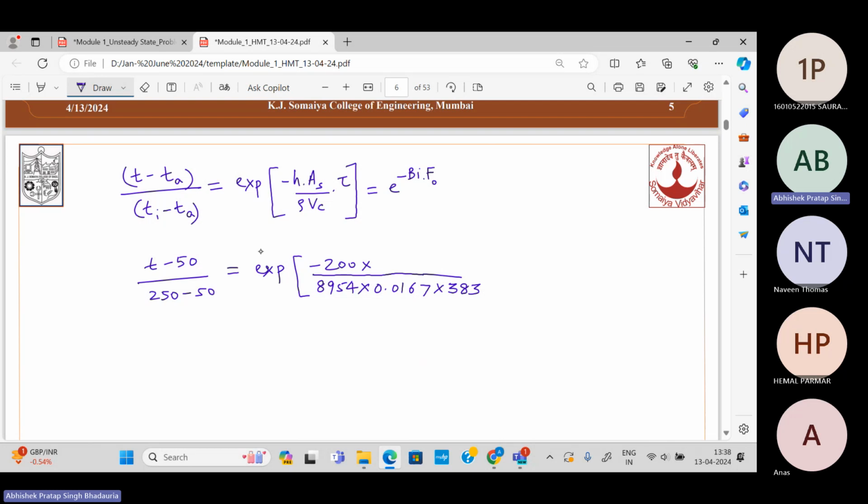Now what else? We have put the value of h, rho, V by As, c. Now the only thing is we have to put the value of time. Time is 5 minutes, that is 300 seconds. This is the equation. So we have one equation and one unknown, that is T. Just solve it so we can find the value of T.